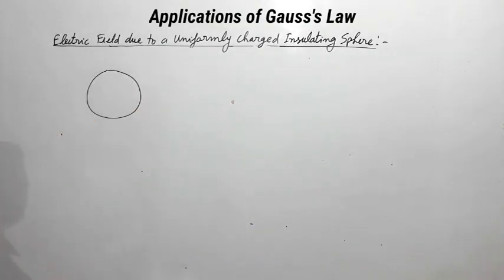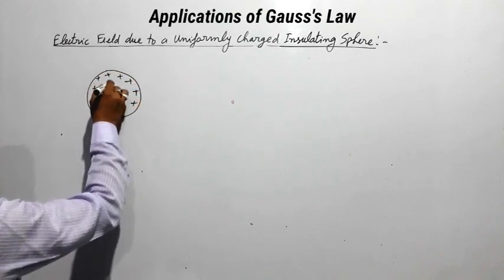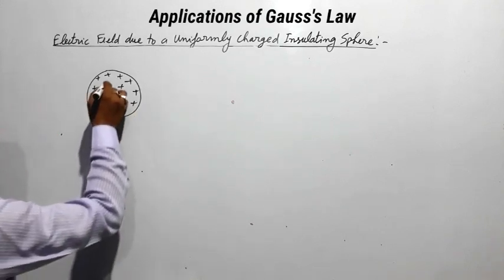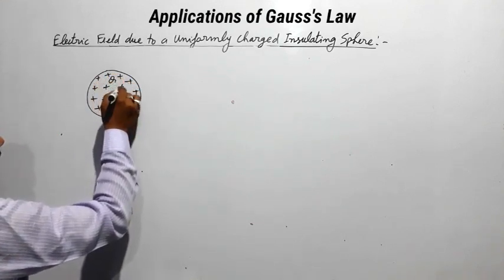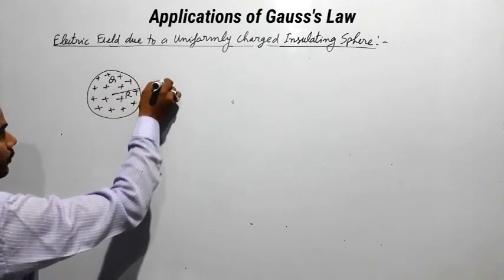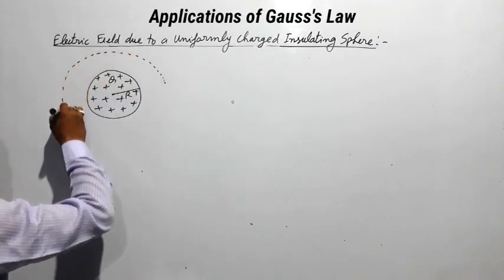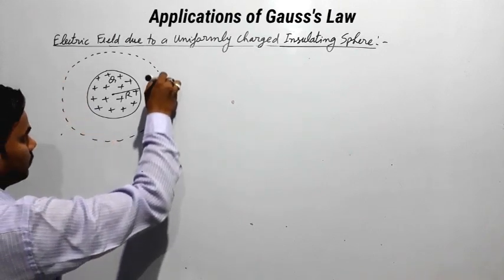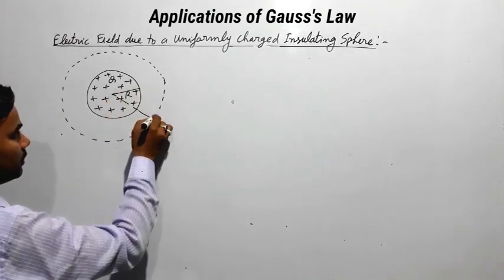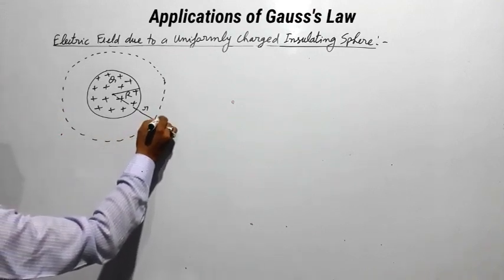So for an insulating sphere, the total charge is distributed over its whole volume. And if we consider this is a charge capital Q and the radius of this sphere is capital R. Now we consider a point P which is situated at the Gaussian surface, whose radius is small r. So this is the point P.